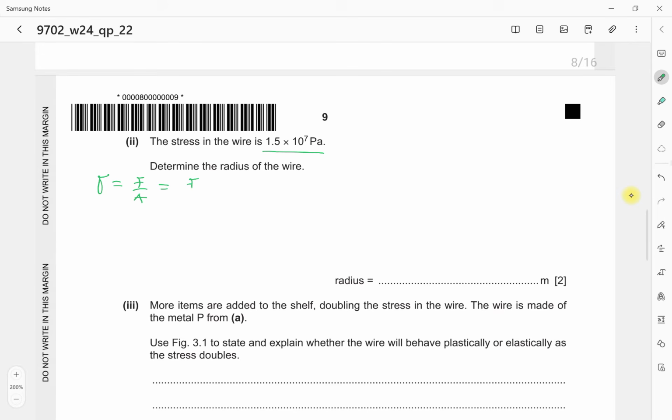This is the same as the force divided by pi r squared, that is the cross-sectional area, which means that the radius is going to be equal to F over stress times pi under the square root. Then I'll just substitute. So this will be the square root of 46, which was the tension, divided by pi times 1.5 times 10 to the power of 7.